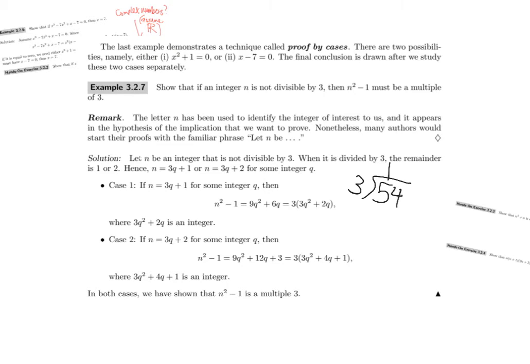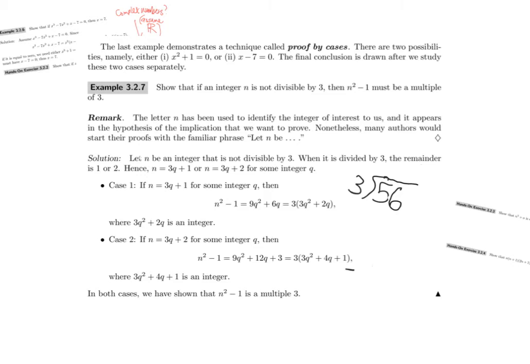Well, 3 goes into 5 once, and then 3 goes into 24 8 times, and the remainder is 0. What if I do 55 divided by 3? Well, 3 goes into 5 once. 5 minus 3 is 2. 3 goes into 25 8 times. And now the remainder is 1.